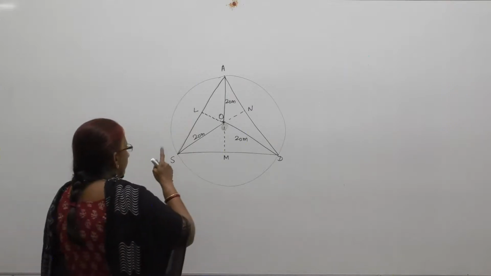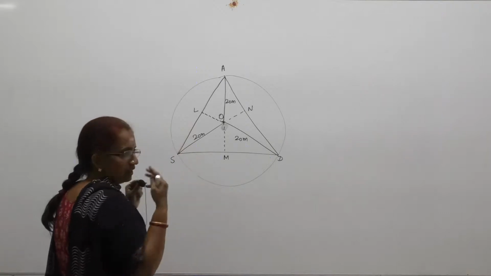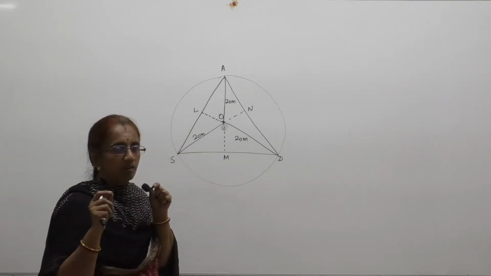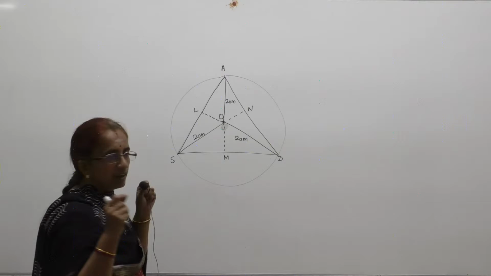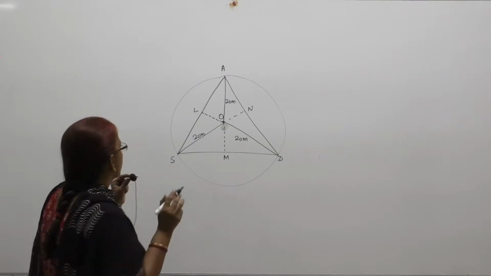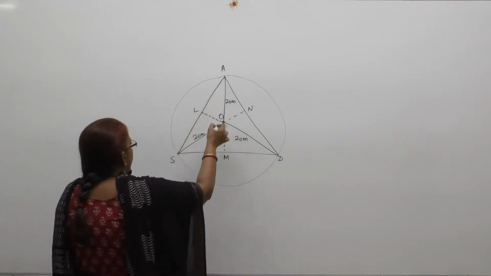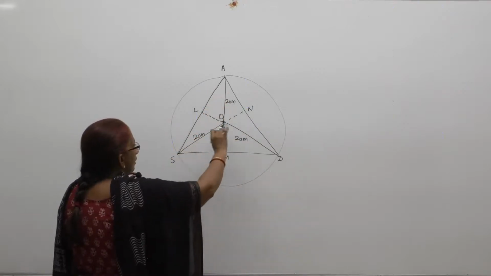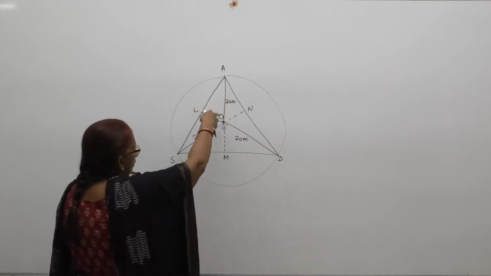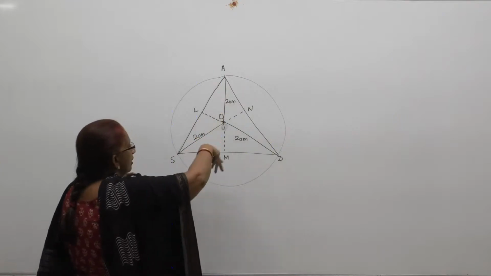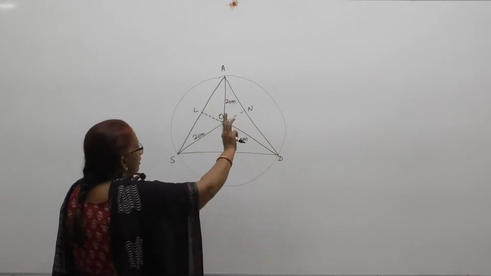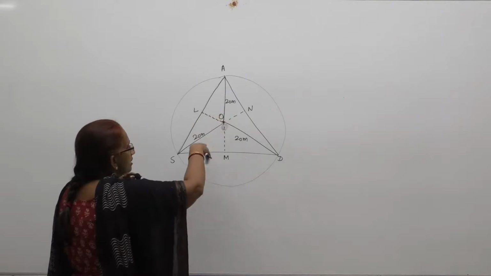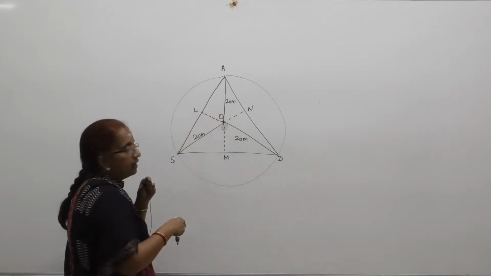Okay, so we are now going to do the same thing we did in the previous problem. We will find out the area of triangle ASD in two ways. You can see that there are three triangles in this triangle ASD. One is triangle AOS, triangle SOD. Like there are more triangles drawn in this, but we are going to identify three triangles whose areas, if added, will give you the area of triangle ASD.